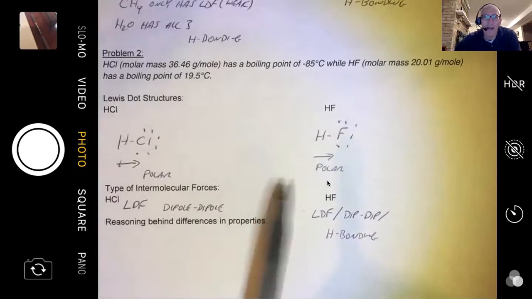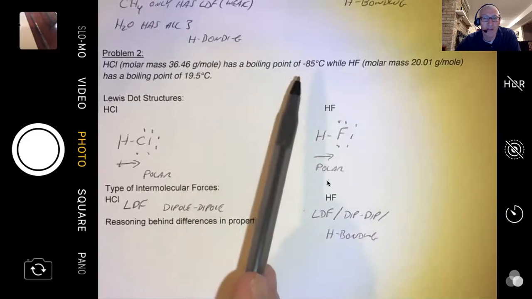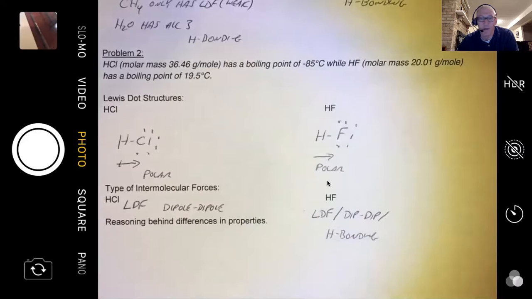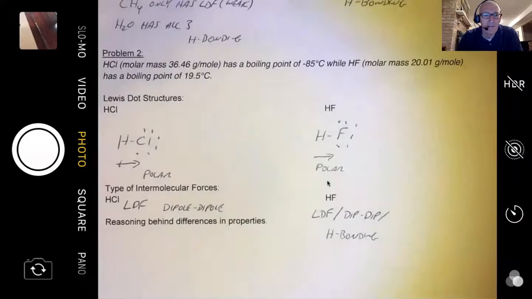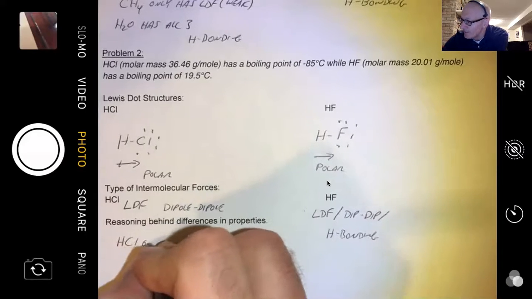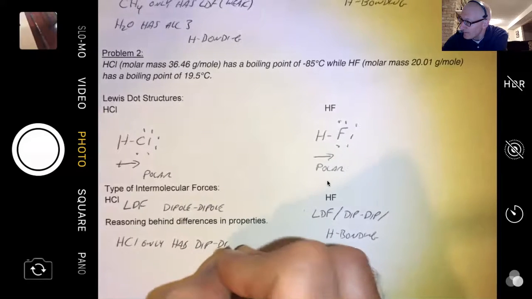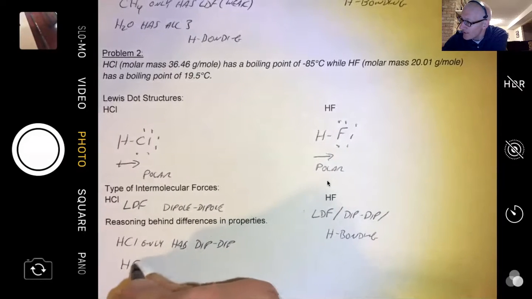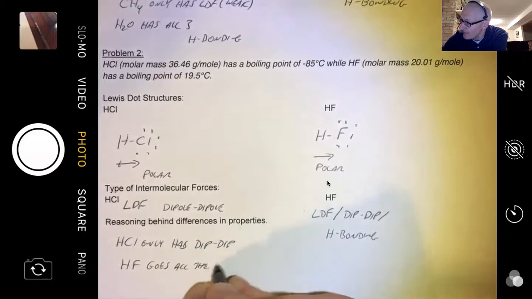So why does HF have a boiling point of 19.5, which is much, much higher than the boiling point of HCl? It comes down to the fact that HF has hydrogen bonding, and HCl only has dipole, whereas HF goes all the way up to H bonding.